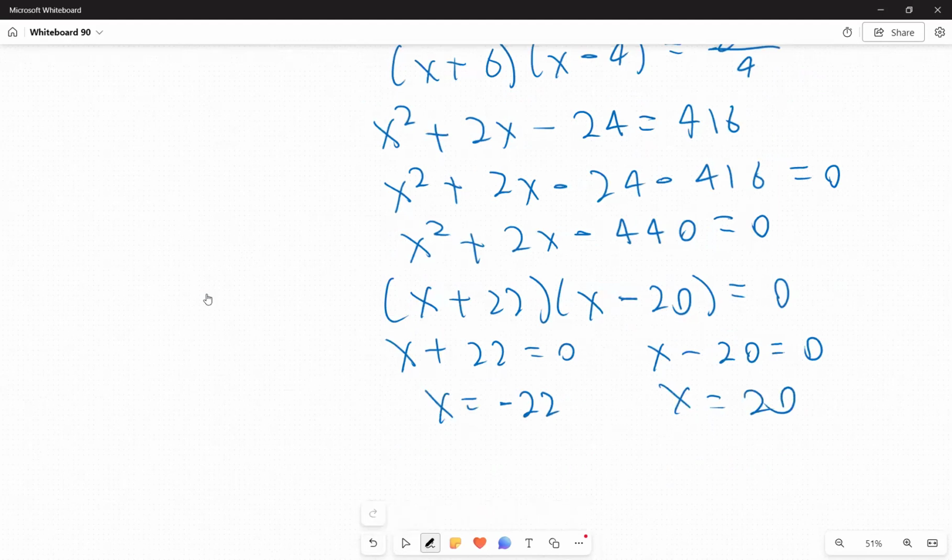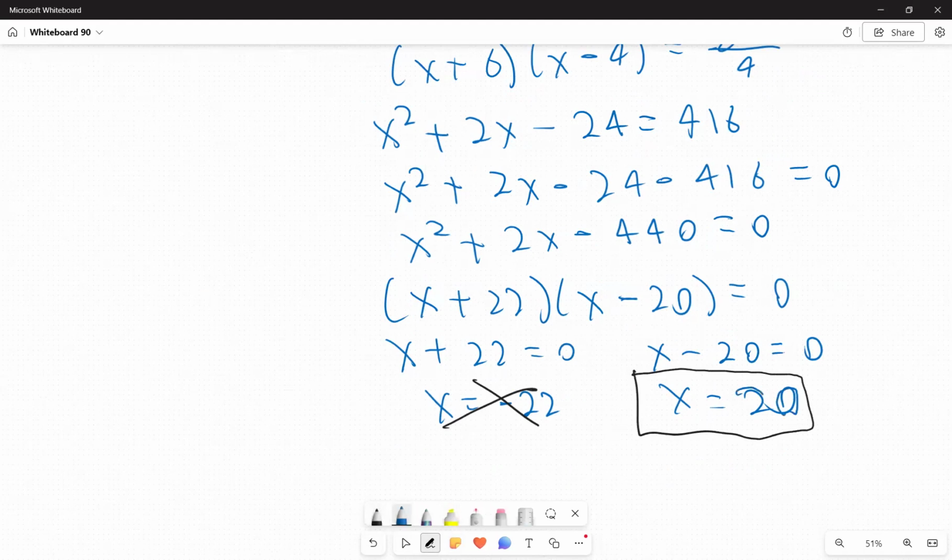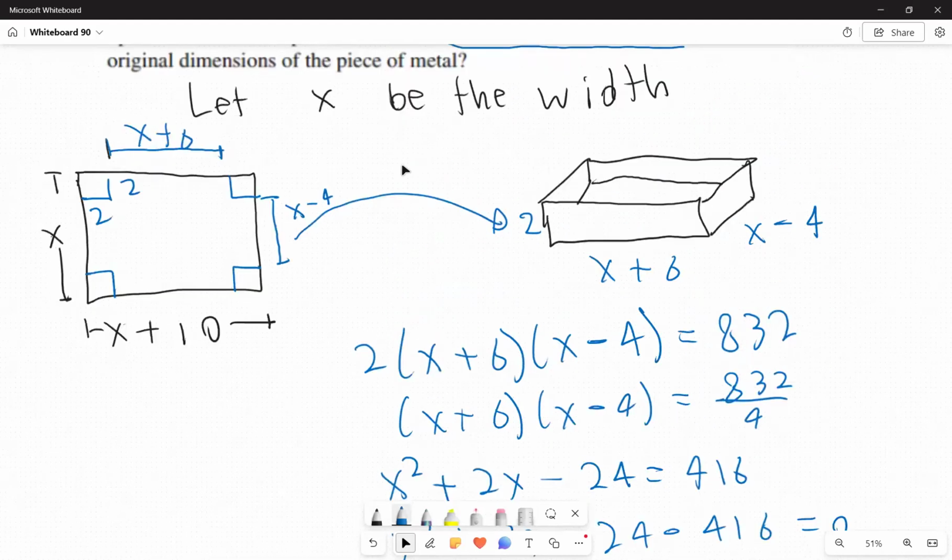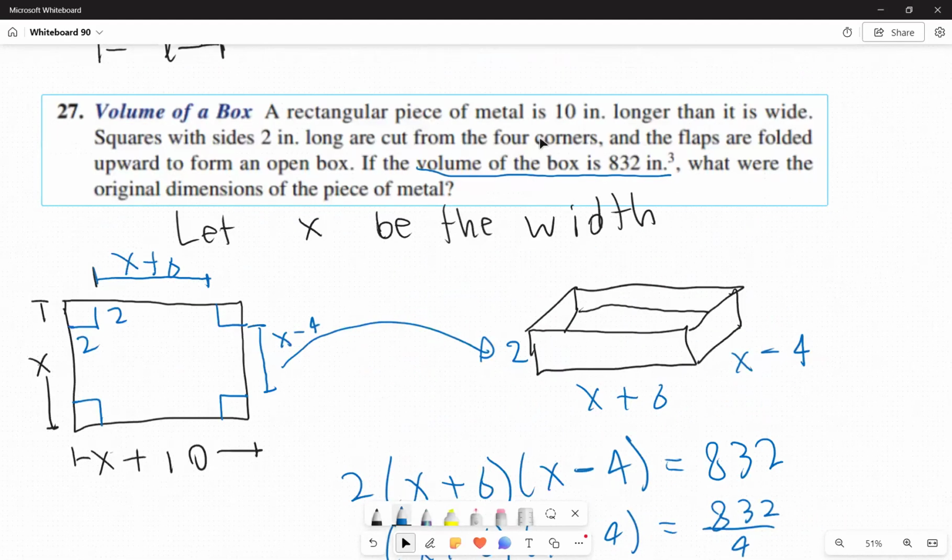We're talking about the dimensions of a box. They cannot be negative. So the solution that we are looking for is 20. So we know the width, and we need to know the length.